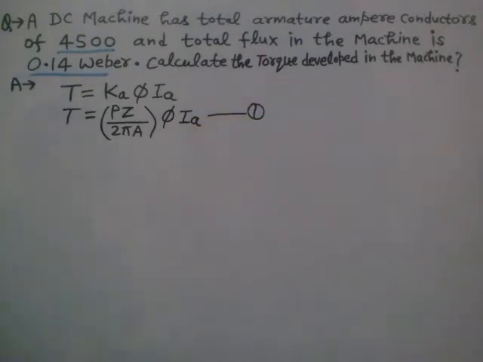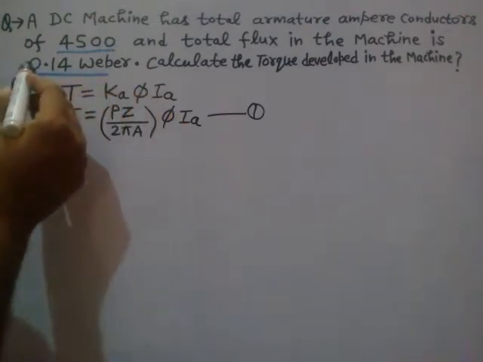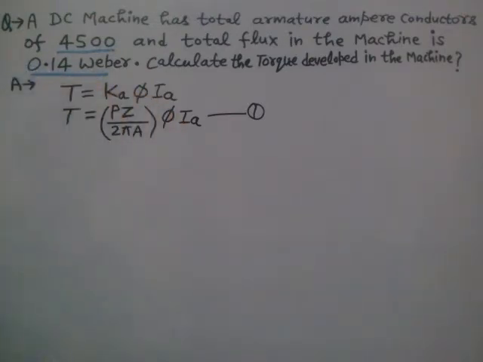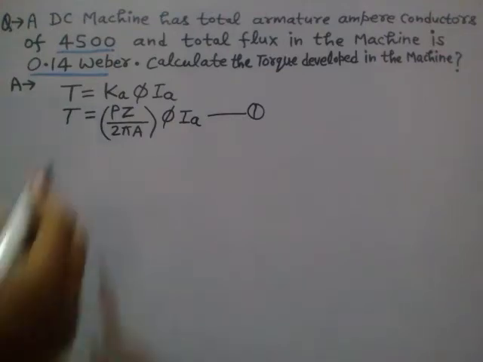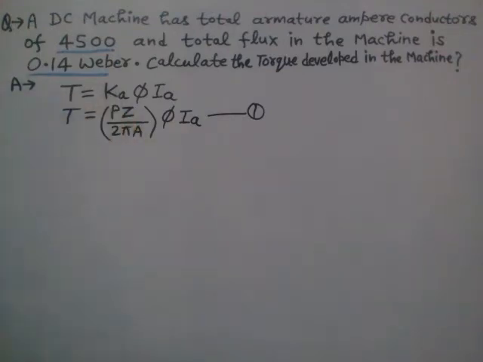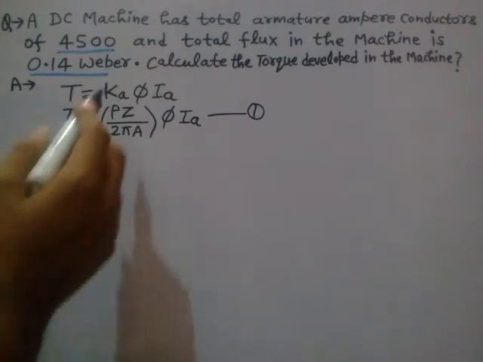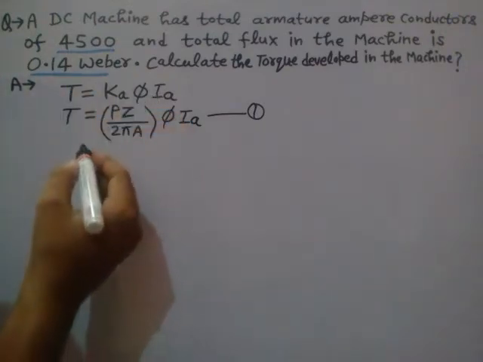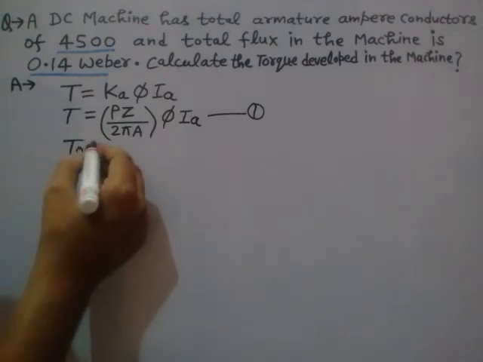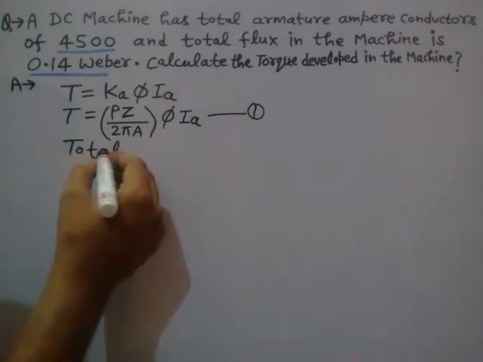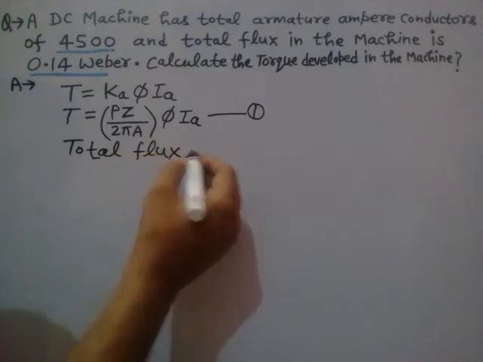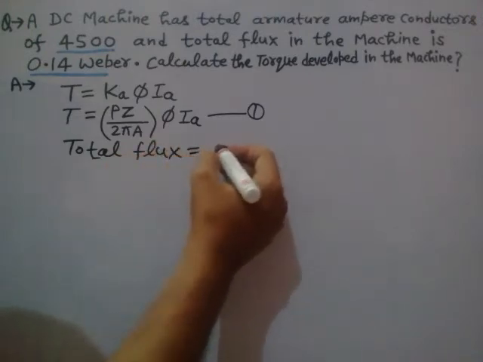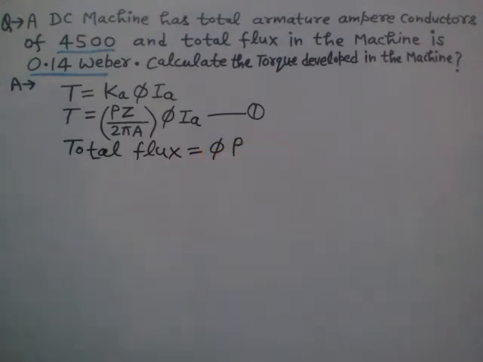Now the total flux in the machine is given as 0.14 Weber. If it is a P pole machine and phi is the flux per pole, then the total flux will be flux per pole phi into number of poles.